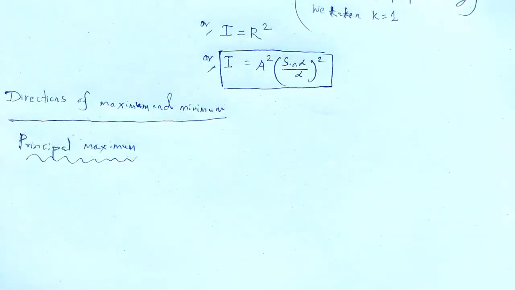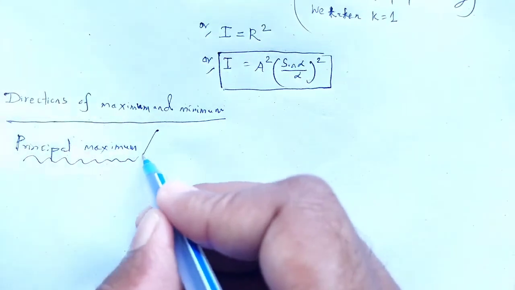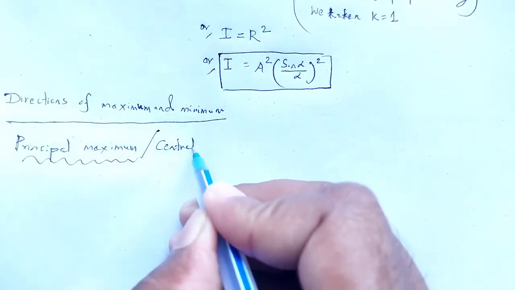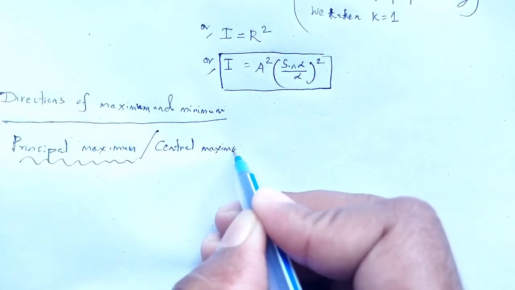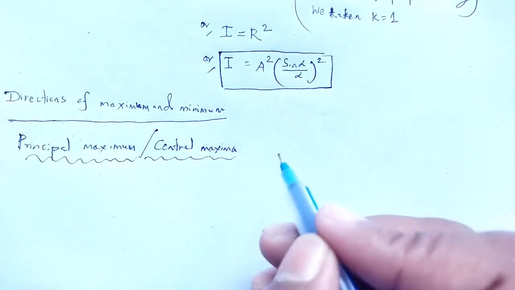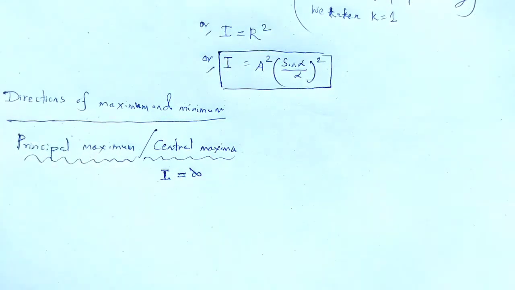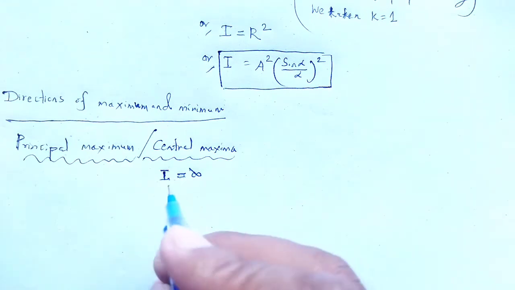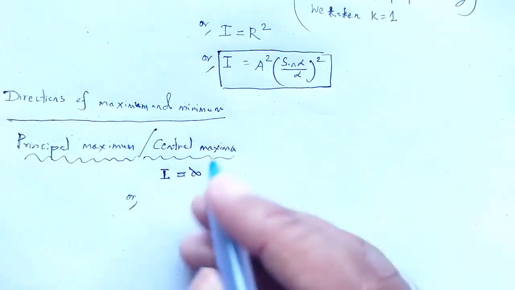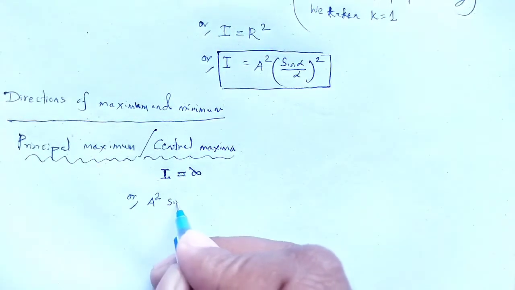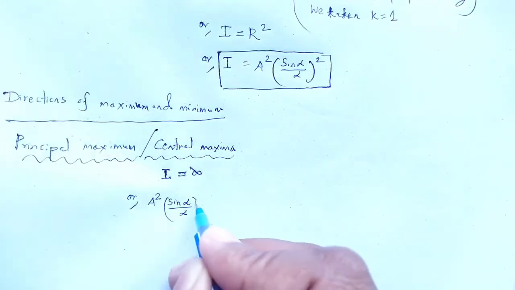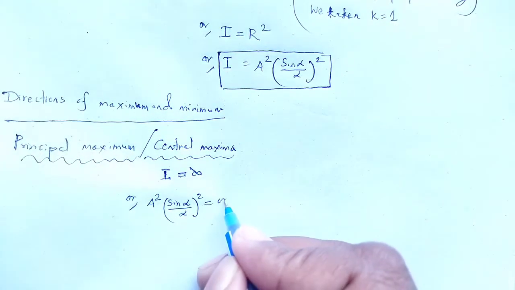For principal maximum or central maxima, I is equal to infinity. Here the highest intensity of light wave, that be at infinity. Therefore, put that value A square sin alpha by alpha square is equal to infinity.